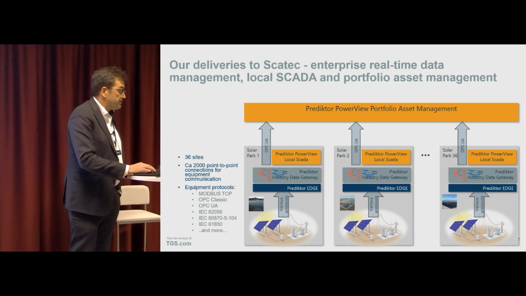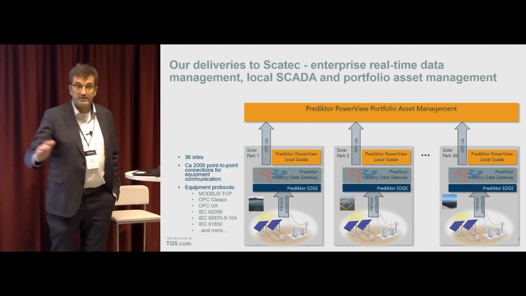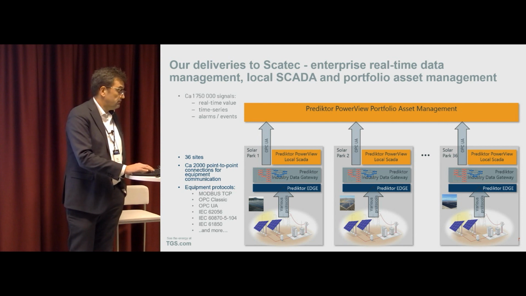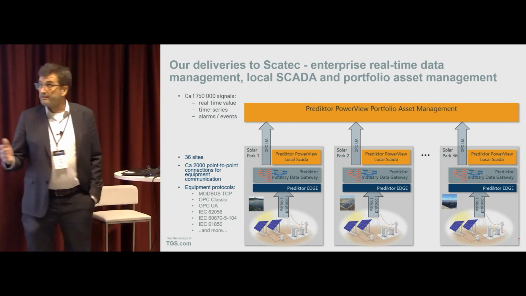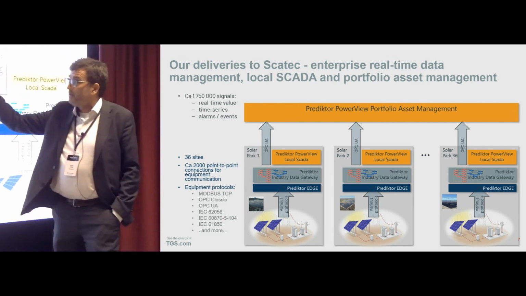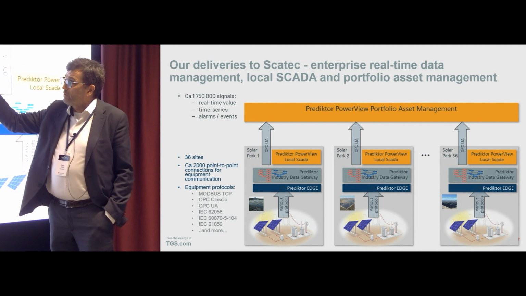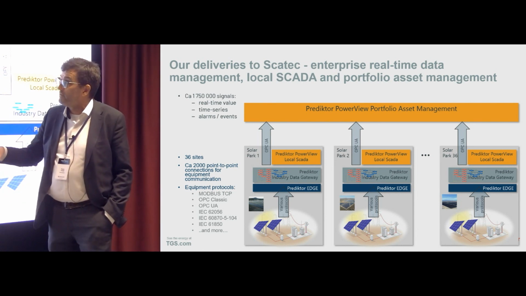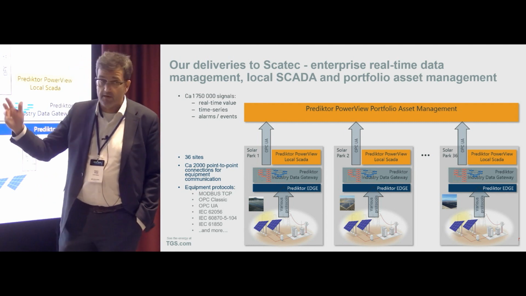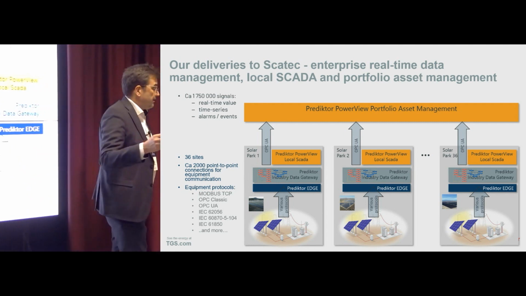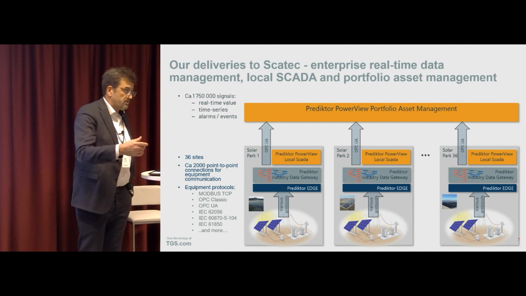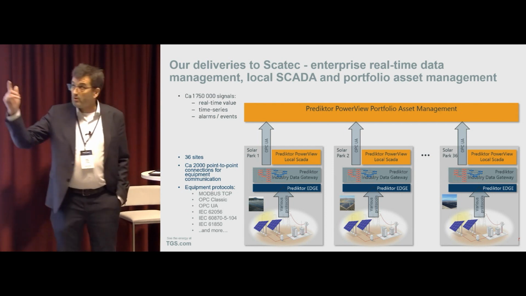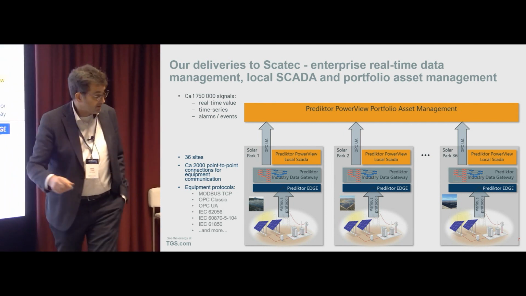So you find all of this, and all of this needs to be up and running all the time. When it's collected up to the enterprise, a year ago we counted 1.75 million signals with real-time values, time series, alarms, and events. So you can expect that managing all of this is a challenge.